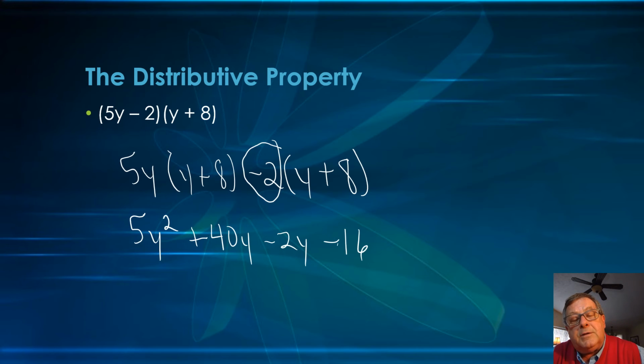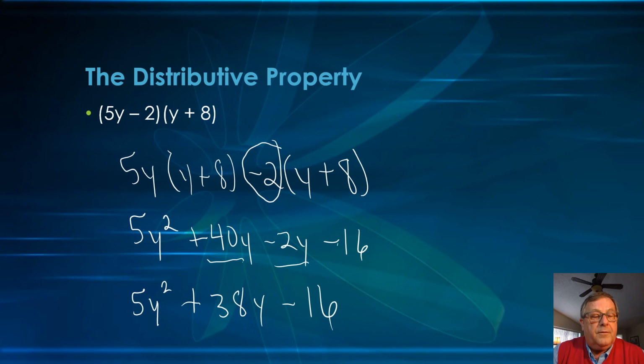Again, I've got two terms that I can combine, positive 40y and negative 2y. Our end result is 5y squared plus 38y minus 16. And we end up with a quadratic expression multiplying two binomials together using the horizontal method of the distributive property.